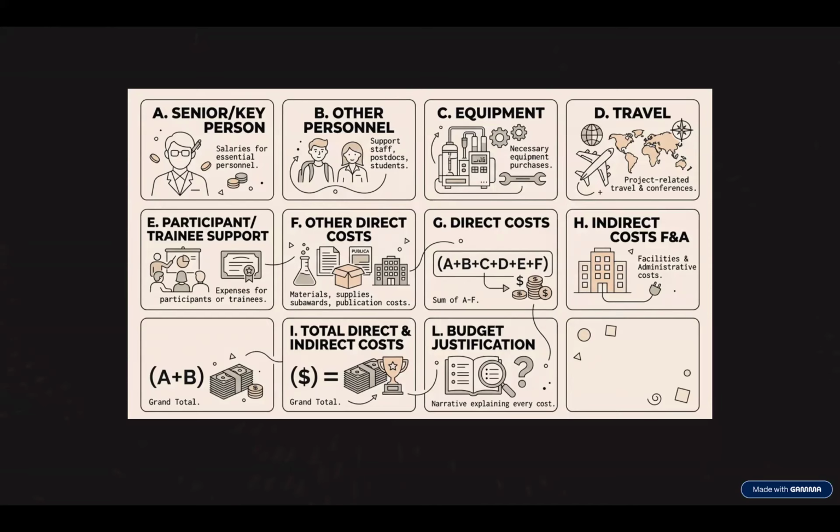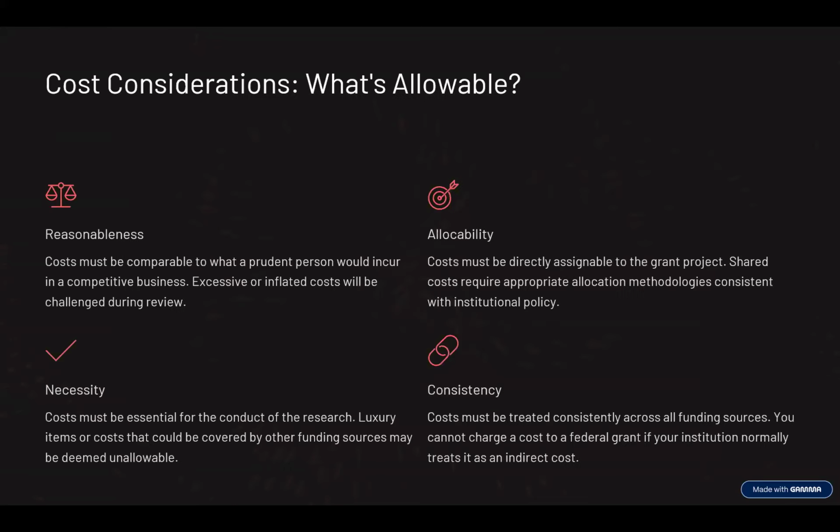to ensure that you are not going above the total amount available. So when you're looking at cost allowability, you have to ask yourself what is allowed. That means you must be reasonable. Cost must be compared to what a prudent person would incur in a competitive business.